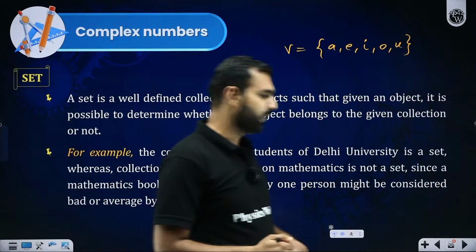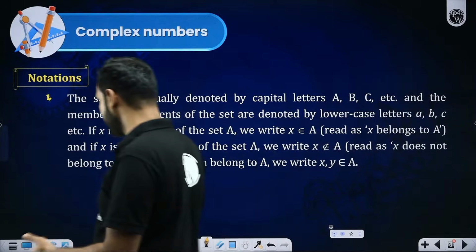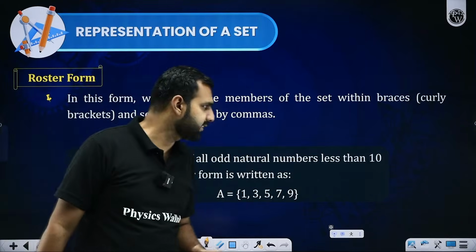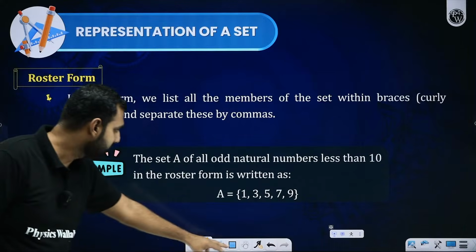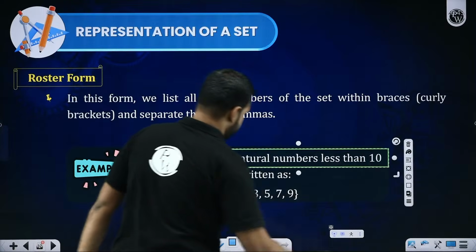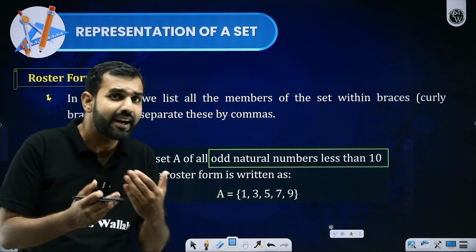Going ahead from here, sets, I hope you have understood pretty well. So this is all theory, which I have just kept for your revision. When you receive this PDF, you can do the revision. For example, the roster form of set representation is really simple. Let's say I talk about all the odd natural numbers less than 10. So this can be a set, a collection of numbers. Which kind of numbers?